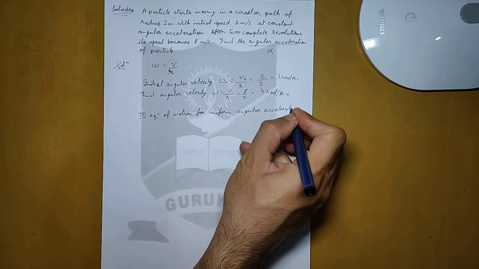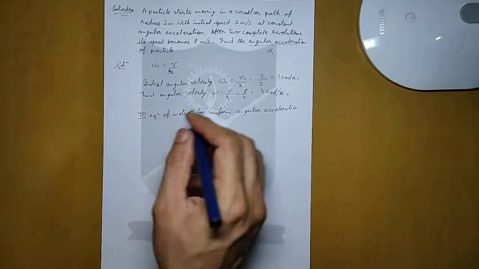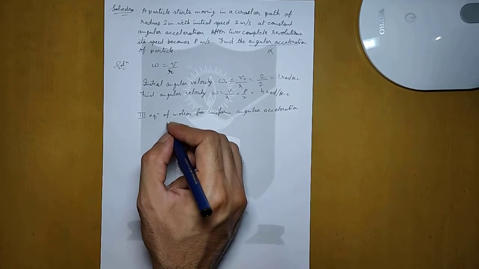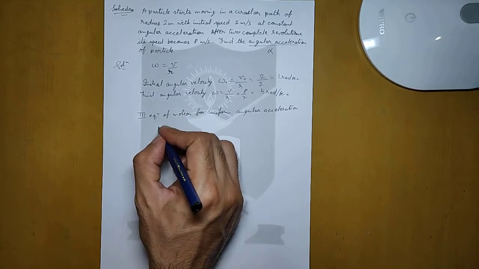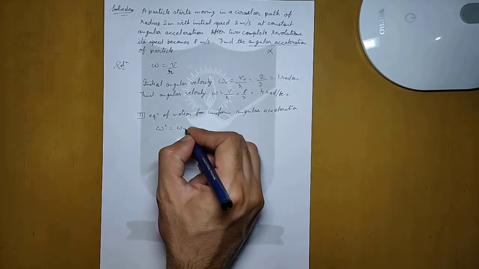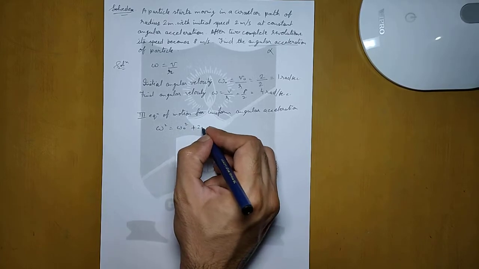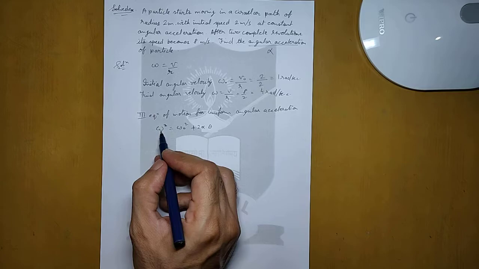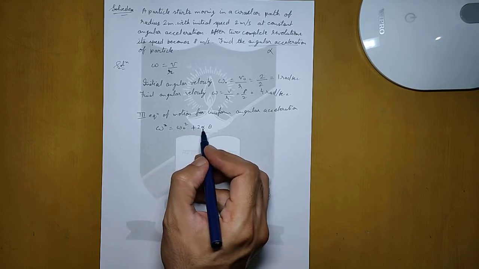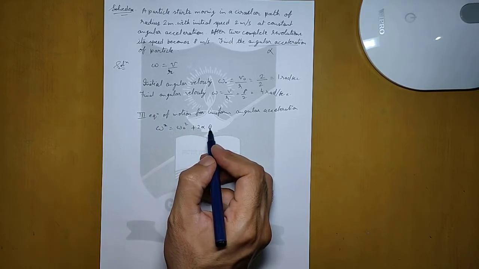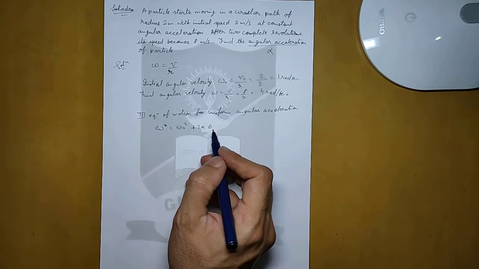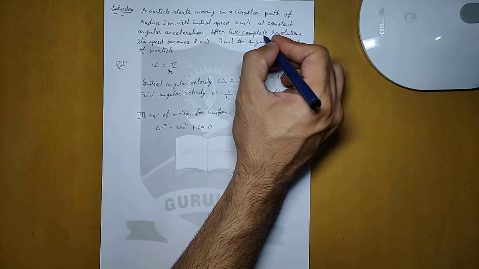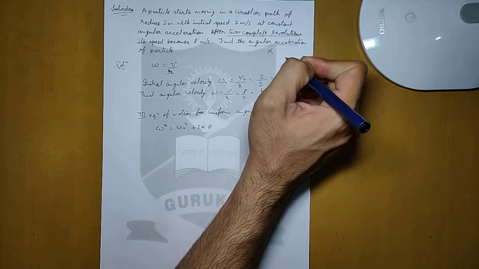So in one of the videos we did this list of equations of motion for an angular motion, for a circular motion, and from that list you can see that the equation can be written like this, where this is final angular velocity, this is initial angular velocity, alpha is the angular acceleration, and theta is the angular displacement. Now here we are given that the particle is making two complete revolutions.